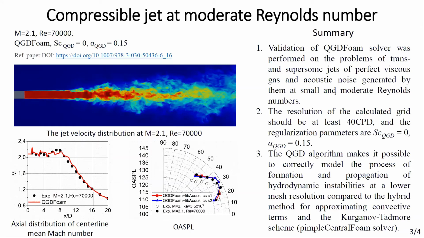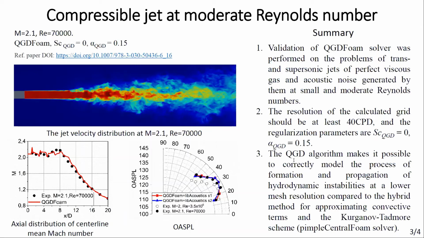The resolution of the calculated grid should be at least 40 cells per diameter, and the regularization parameters must be Schmidt number equal to 0 and alphaQGD equal to 0.15.